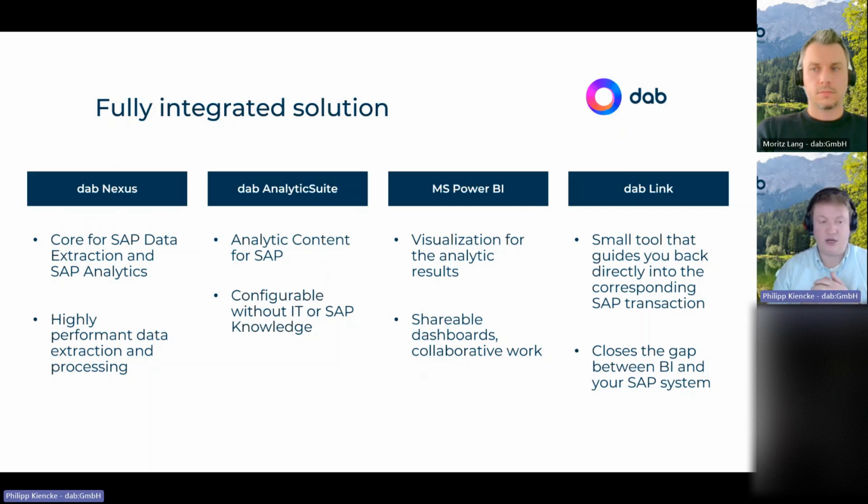Yes, you can extract just one line item, but we also have big customers, and especially for the general ledger market basket analysis, we need quite some data. So we can extract hundreds of millions of records without any issues and without putting harm on your SAP system. Then our DAB Analytics Suite runs.